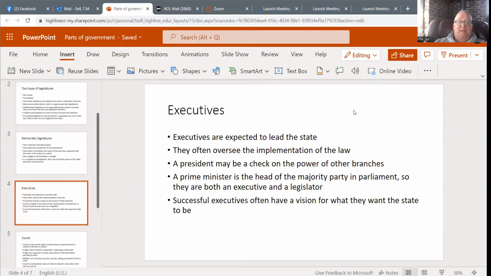Now they have to persuade the legislature, right? If you have a strong mayor form of government, then the mayor has to persuade the city council, the governor has to persuade the state legislature, the president has to persuade Congress, the prime minister has to persuade Parliament.